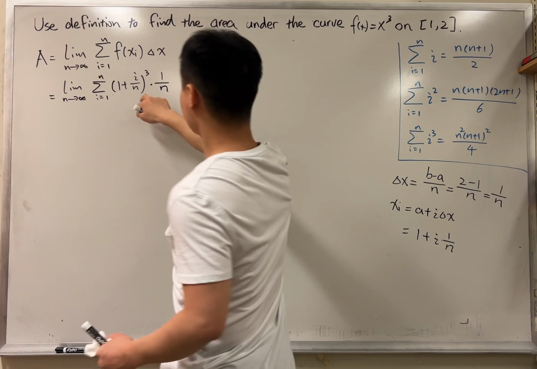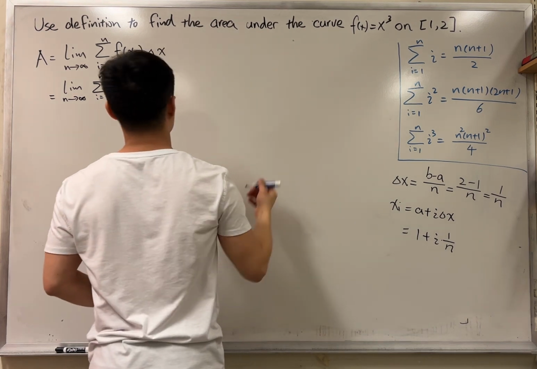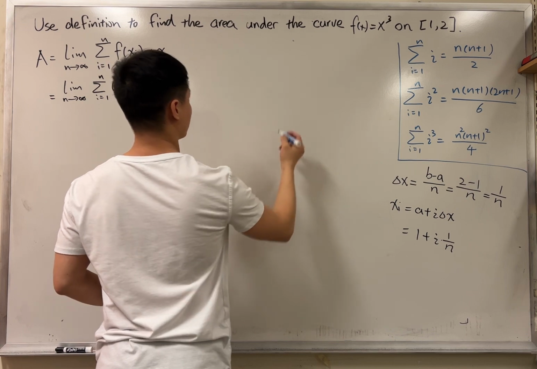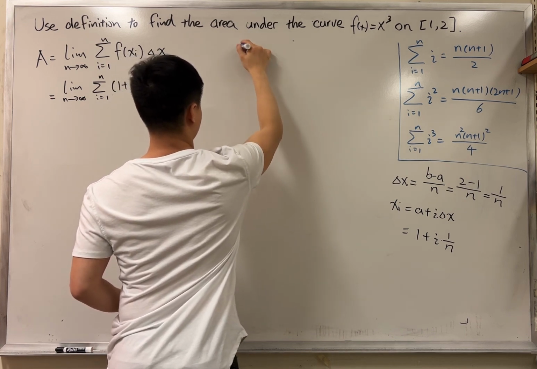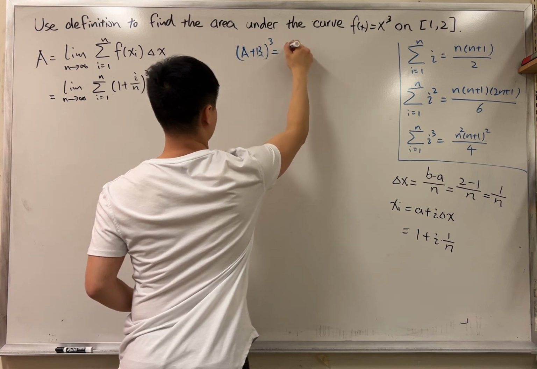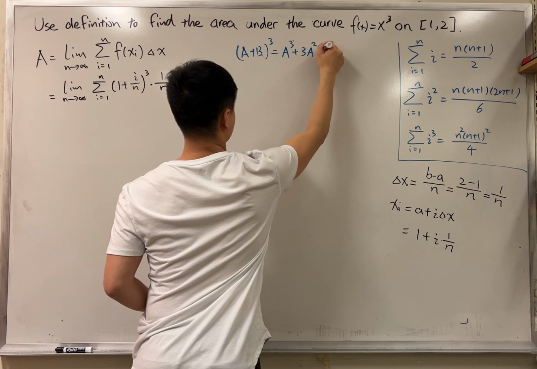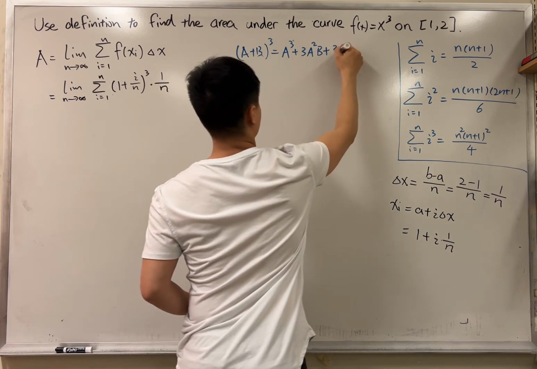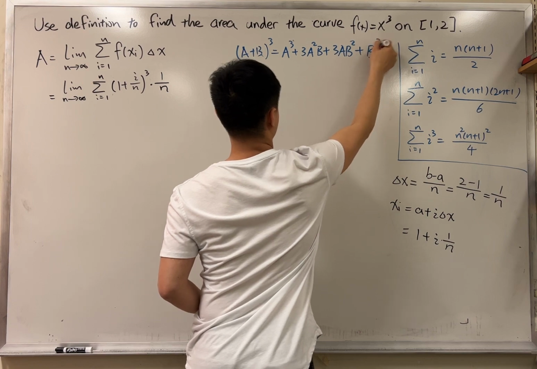We want to work on this cube, so we will be using the perfect cube formula, which is like this: (a plus b) cubed equals a cubed plus 3a squared b plus 3a b squared plus b cubed.